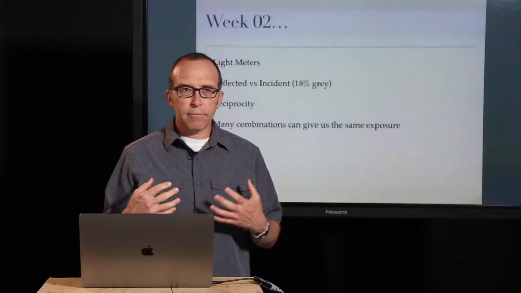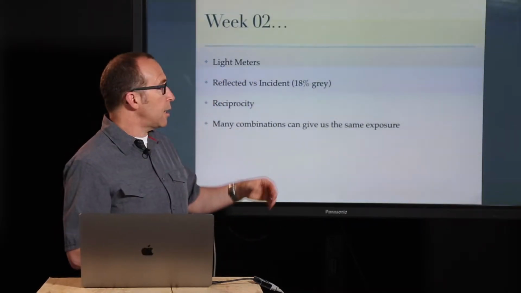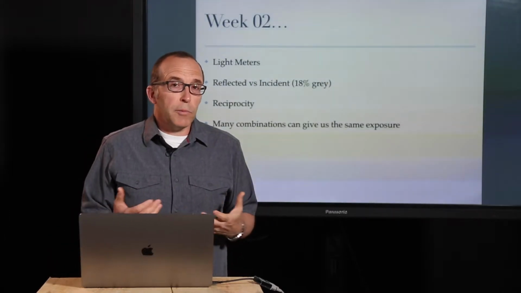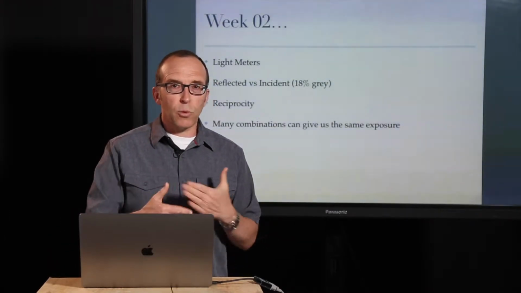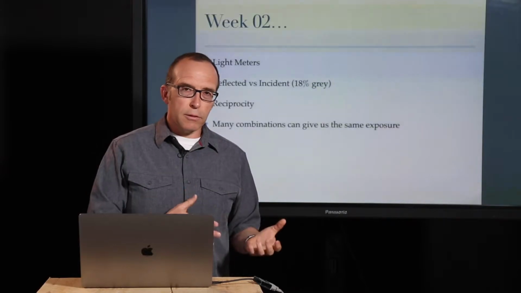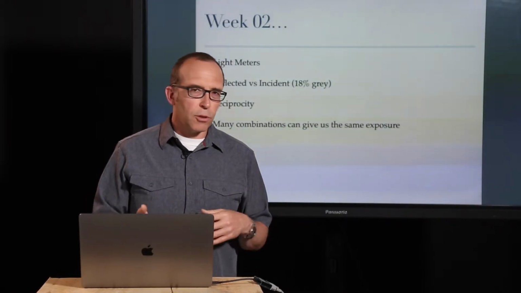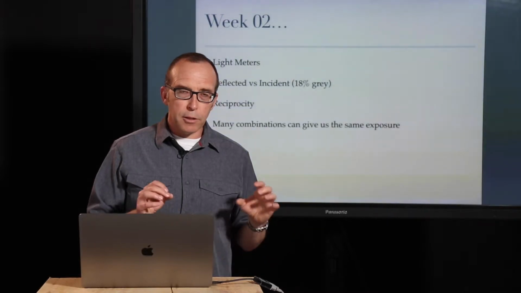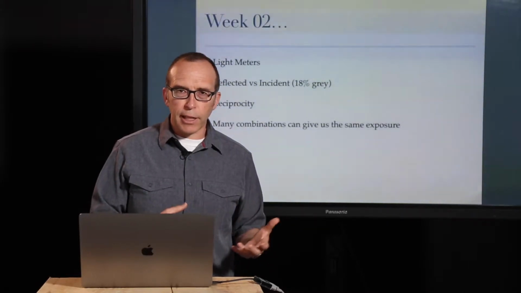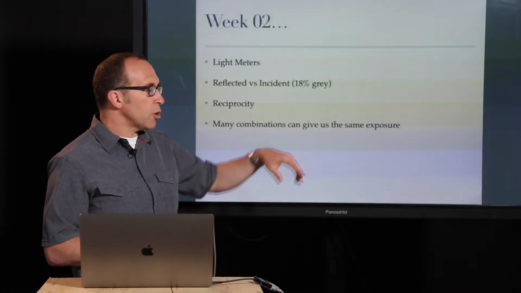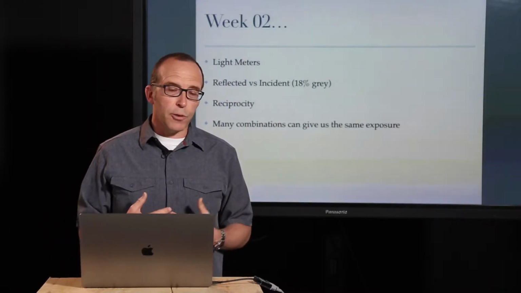That's what we're going to talk about this week. More specifically, we'll be talking about light meters, because that's what light meters do. They tell us which settings will work to get the proper amount of light going into our camera. We'll talk about the two basic types of light meters, a reflected and an incident light meter. And we'll also talk about something called 18% gray and why you should know that.